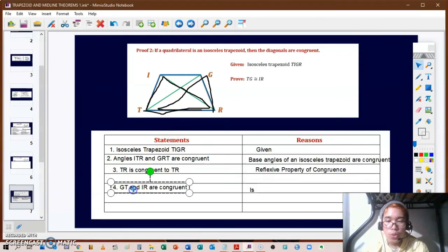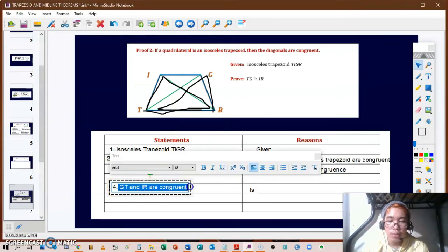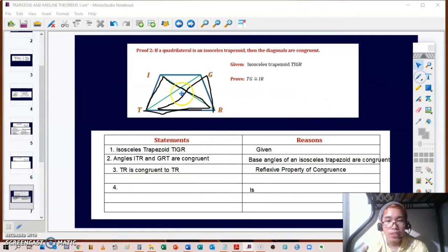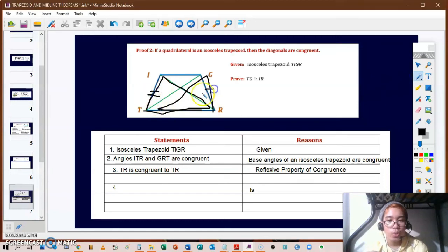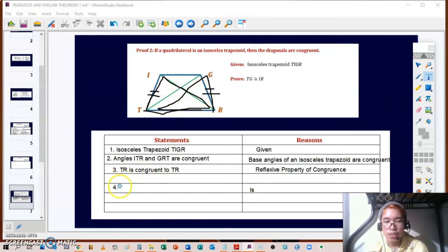So also we can write here for our statement number 4, one of the properties of an isosceles trapezoid is that it has congruent legs. So we can say here that TI is congruent to GR for our fourth statement.